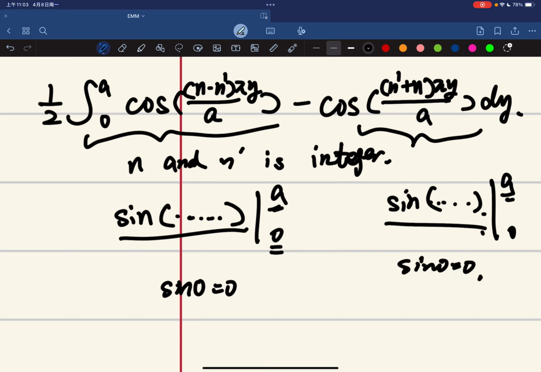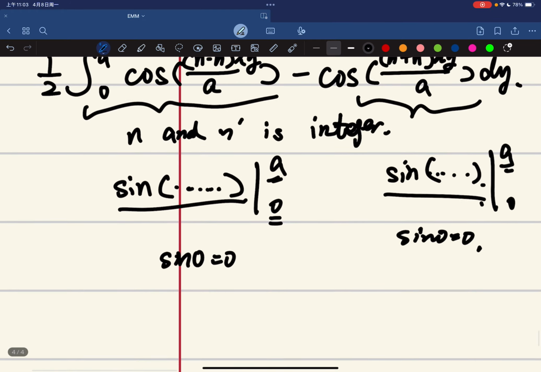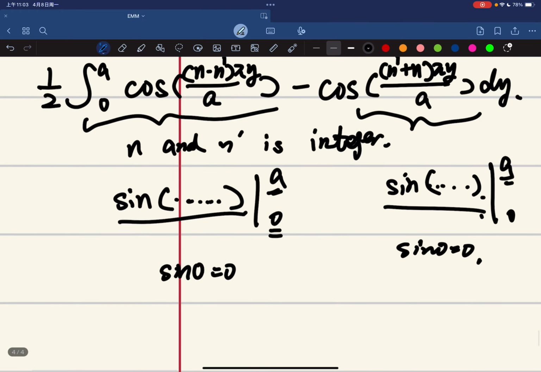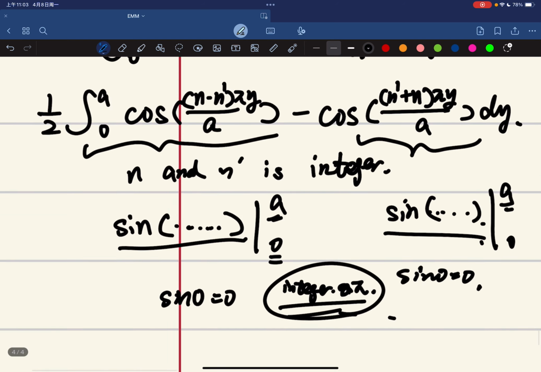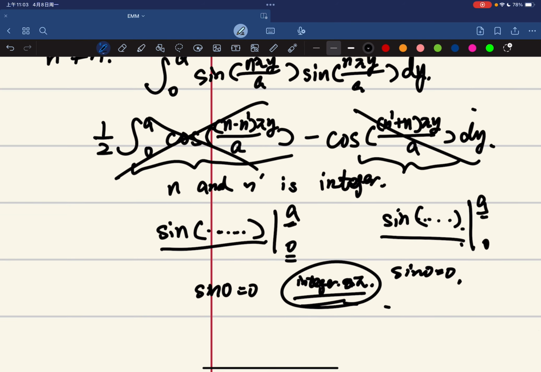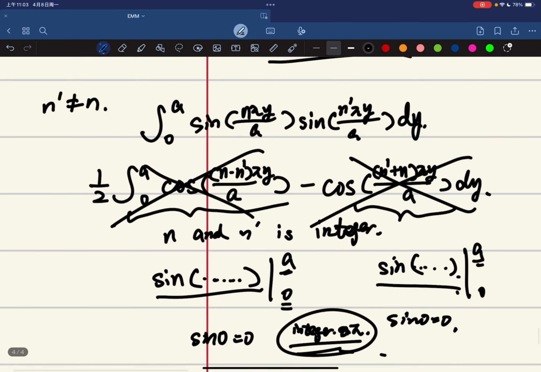If y equals a, same as the previous one, we find it's some integer times pi, so it's again 0. So if n prime doesn't equal n, it's 0. Well, this looks like orthogonality, right? It's like quantum mechanics.